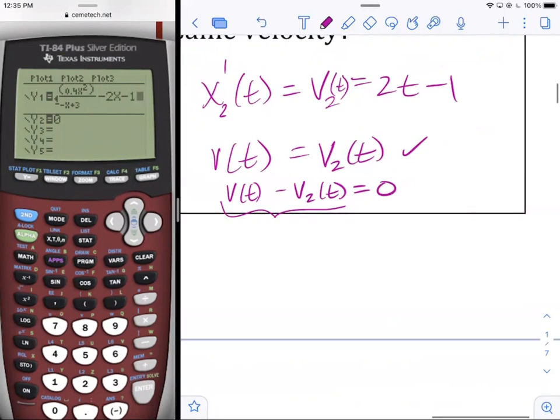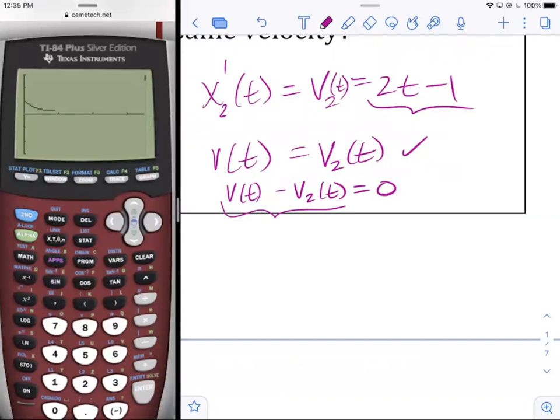That's dangerous. Because notice, I need to put that in parentheses or distribute the negative. Minus 2x plus 1, right? Because I'm subtracting the quantity. That was close. And now I hit graph. And now I'm looking at the x-intercept again. So there it is.